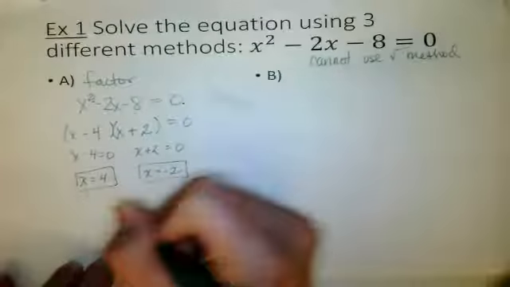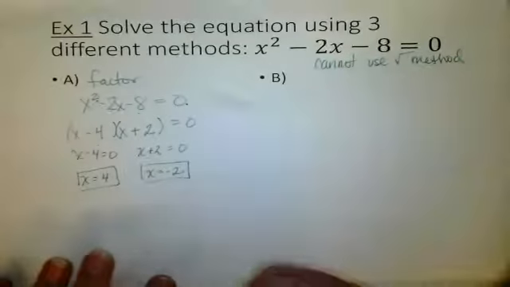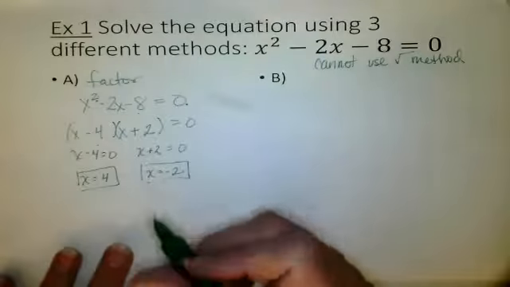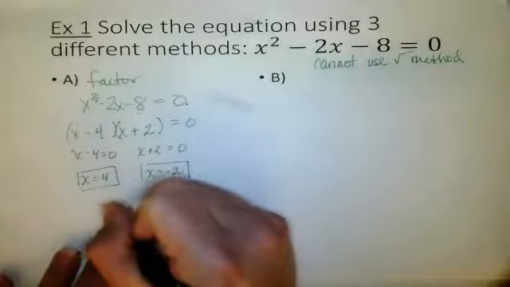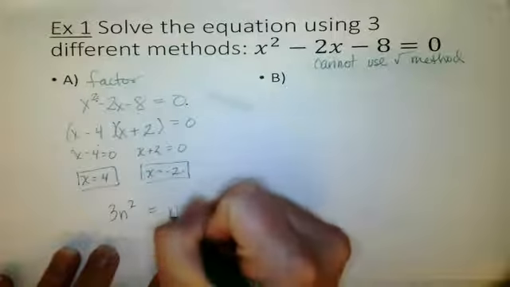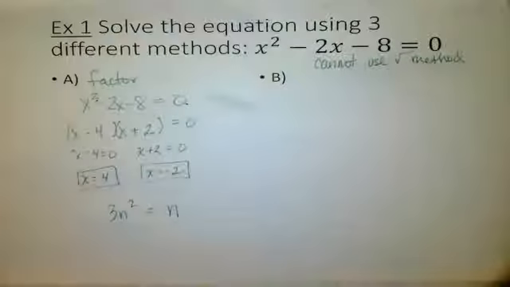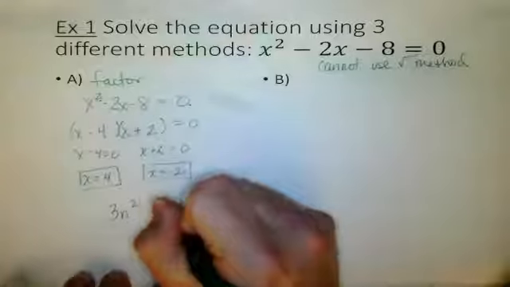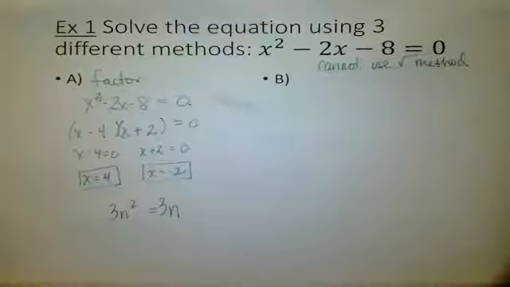Remember also, a lot of you missed this on the homework that I graded yesterday. There was a problem like 3n squared is equal to n or something like that. A lot of people did not do this properly, and I took off points if you just wrote the answer and didn't show me the how of it, because you need to make sure that I understand what you're doing.